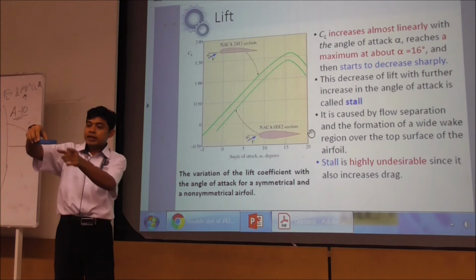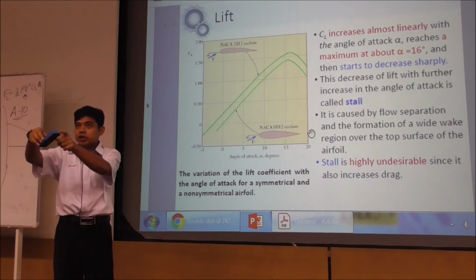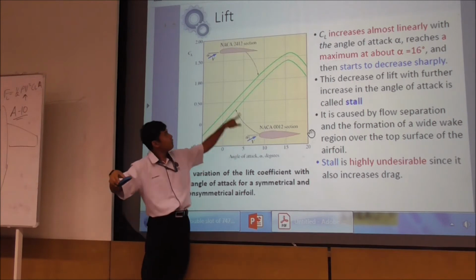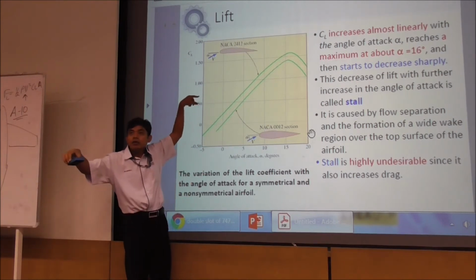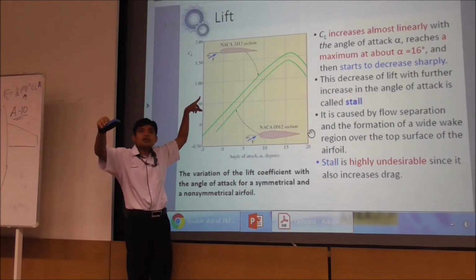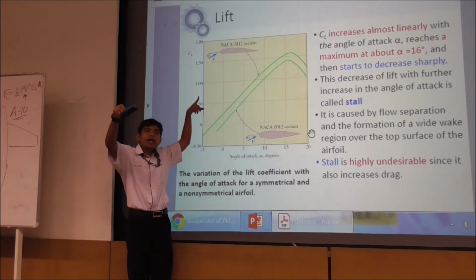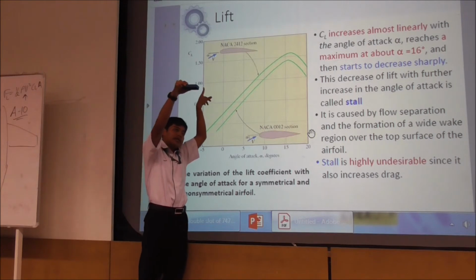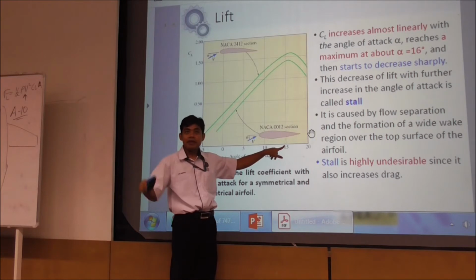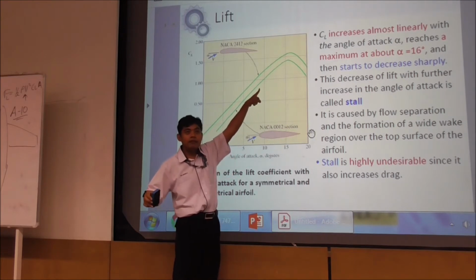When you pull the lever, the angle of attack will change. When the angle of attack changes, you can see the higher the angle of attack, the higher the CL. Which means now you're increasing the lift force. Now you can have it flying. Right? The bigger the angle of attack, the better the lift force.